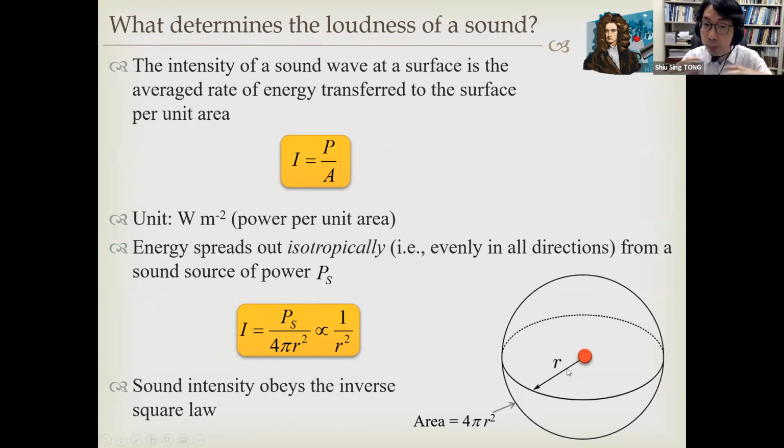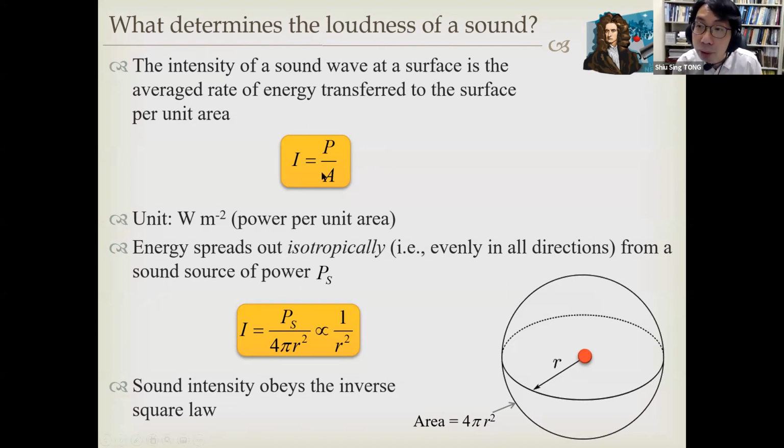Suppose you have an isotropic sound source which produces sound waves evenly in all directions from a source of power P_S. This is the total power produced by the source. If the power is distributed over a large sphere of radius r, then the surface area of the sphere is 4 pi r squared, right? Because it's spread out over a large surface area.